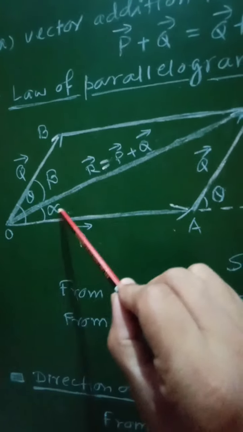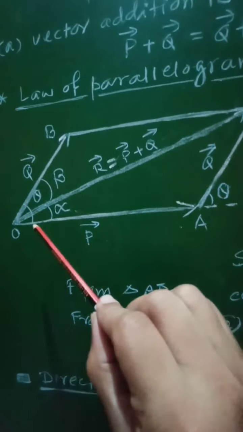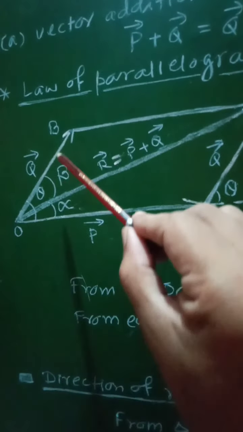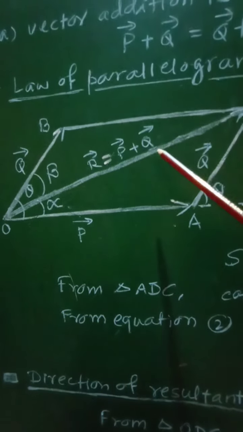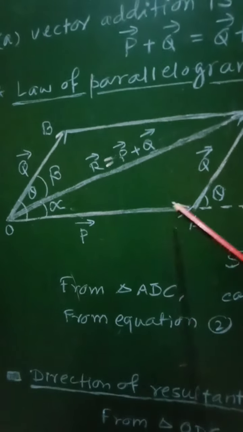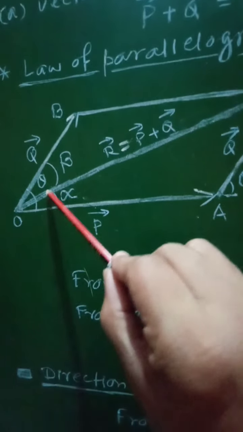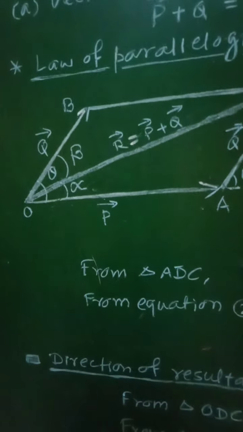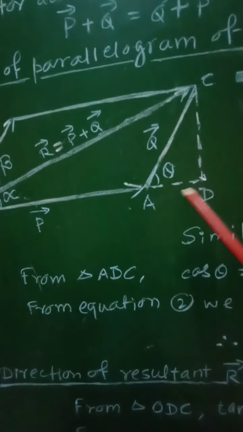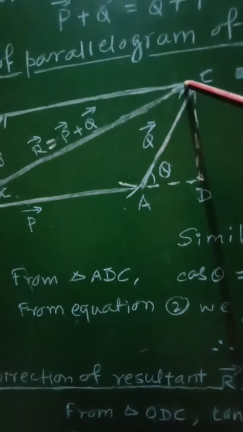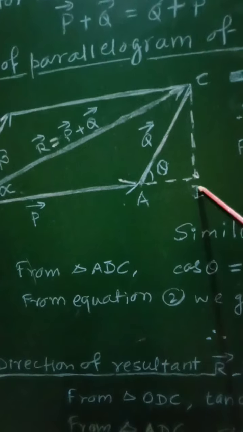Then draw its diagonal, which originates from the common point between the two vectors P and Q. The parallelogram will have two diagonals, but don't draw the other one; the diagonal will be drawn from the common point between the two vectors. Then let us extend OA up to D, that is AD, and draw a perpendicular from point C to D, that is perpendicular CD.